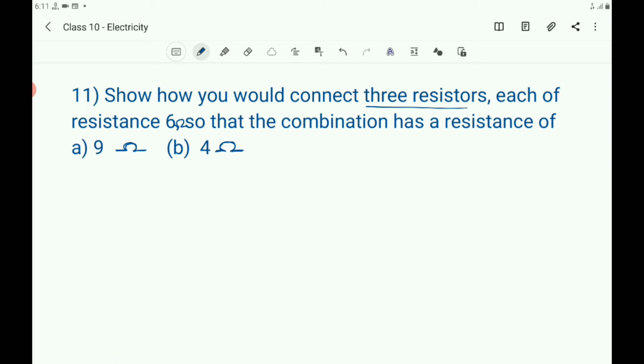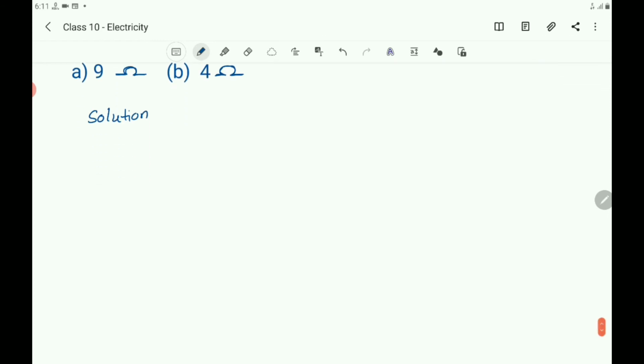Now write here the three resistors are R1, R2, R3. So you write the solution. Let us have R1 equals R2 equals R3, all equal to 6 ohm.